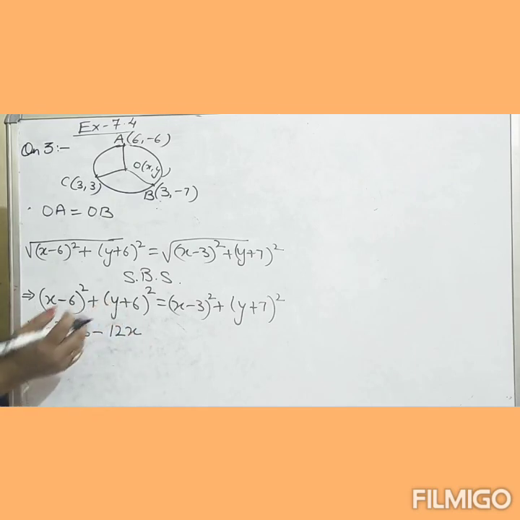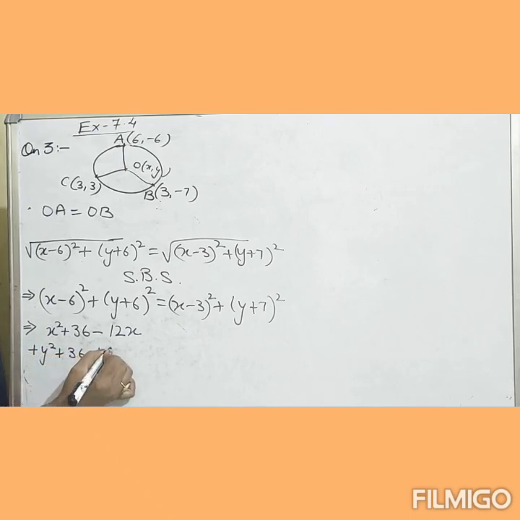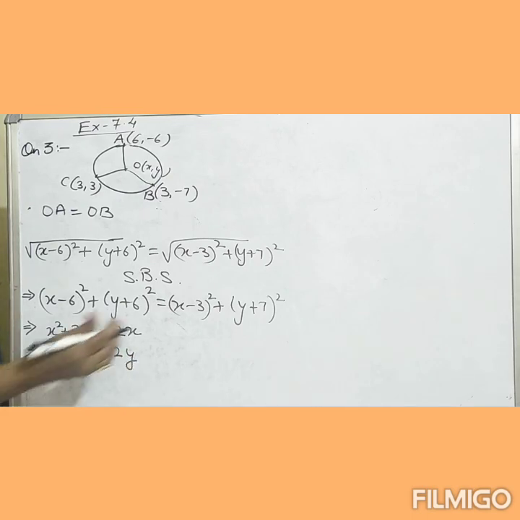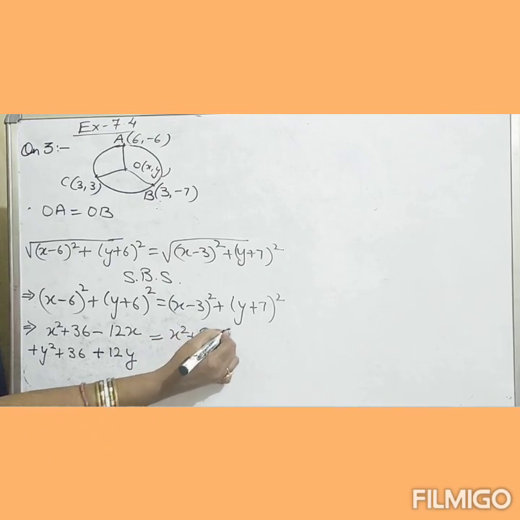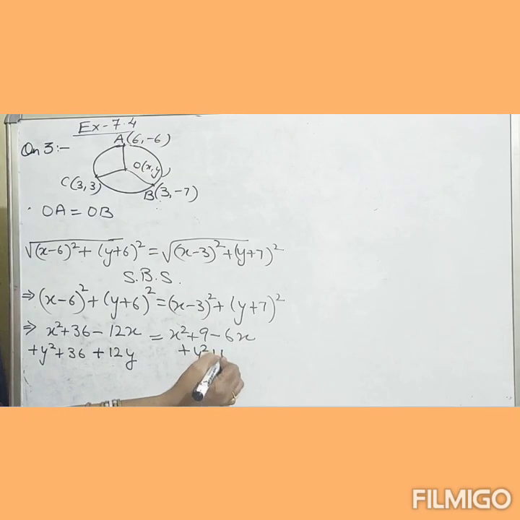Similarly, I can open (y plus 6) square, that is y square plus 36 plus 12y. In the same way, we can open up the brackets of the right hand side: x square plus 9 minus 6x plus y square plus 49 plus 14y. Okay.